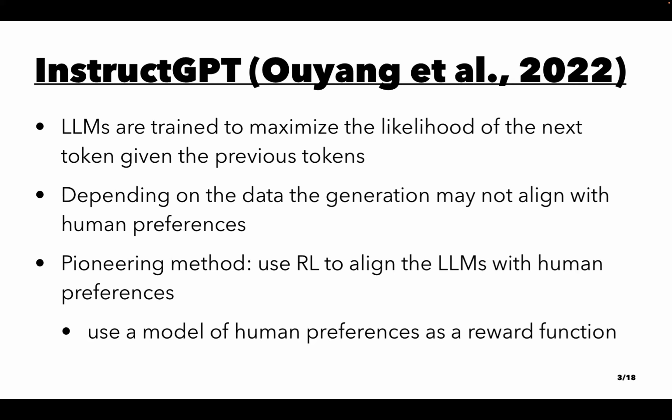The idea was to use a model of human preference as a reward function, and then slowly nudge the probabilities of the LLM so that it maximizes the expectation with respect to this reward, so that it samples higher reward tokens, and doesn't sample low reward tokens. In this way, you are better aligned with human preference.